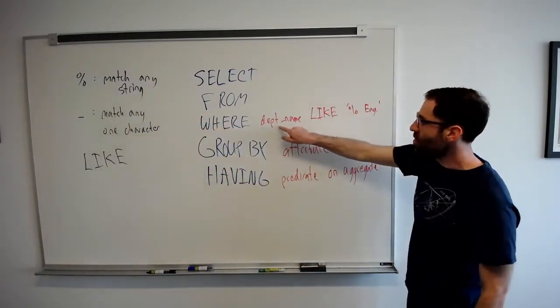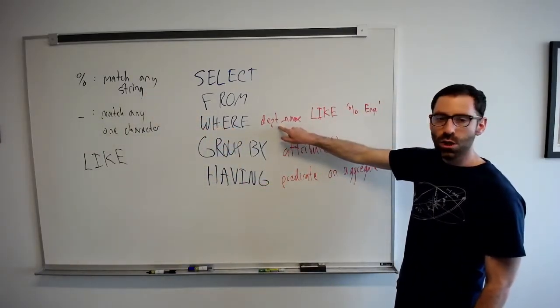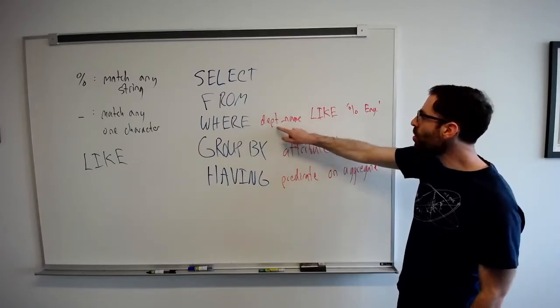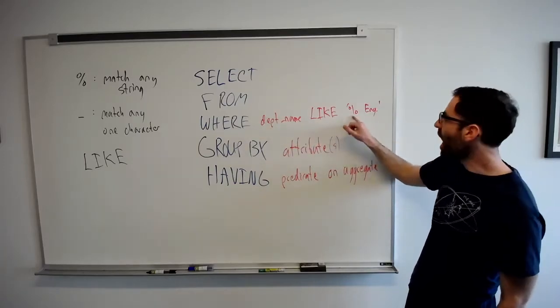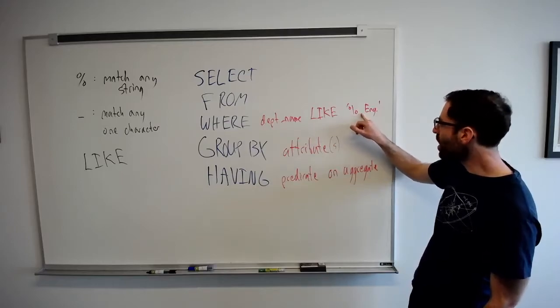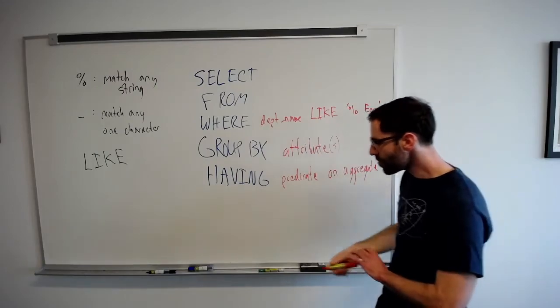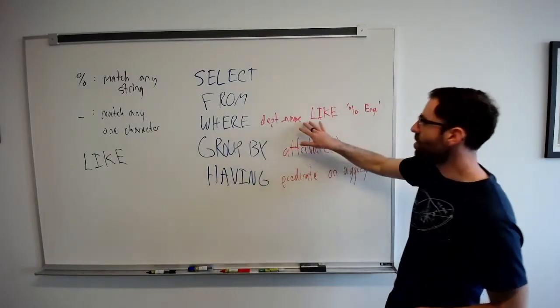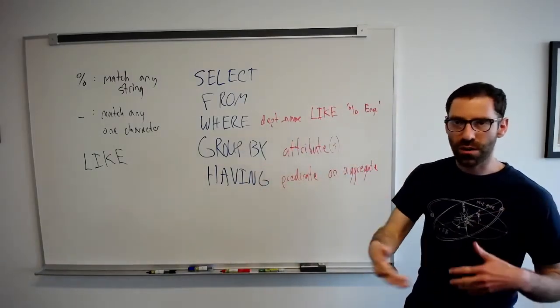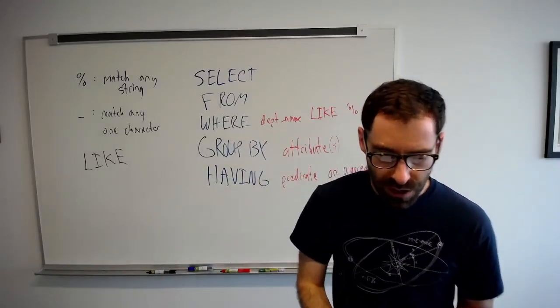So this will filter all tuples to where the department name matches the pattern of any string, followed by a space, followed by ENG and a period. This can be very useful for doing queries involving strings.